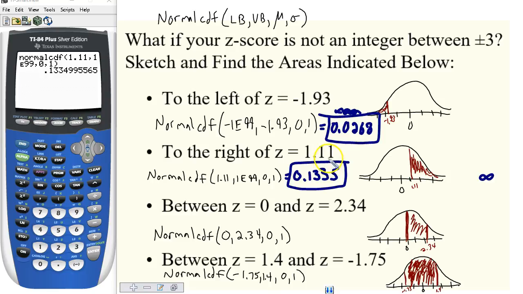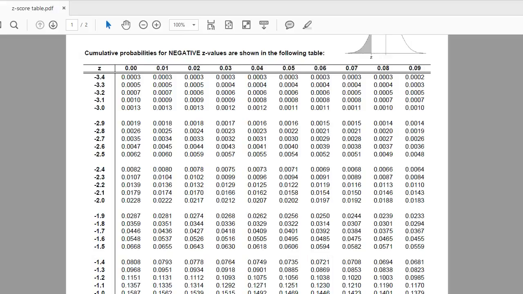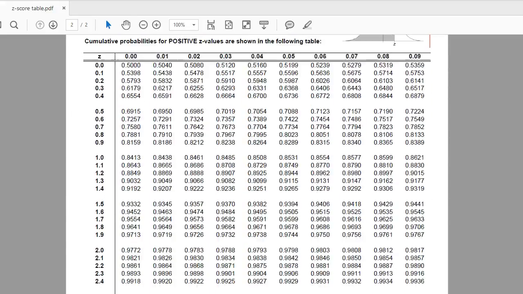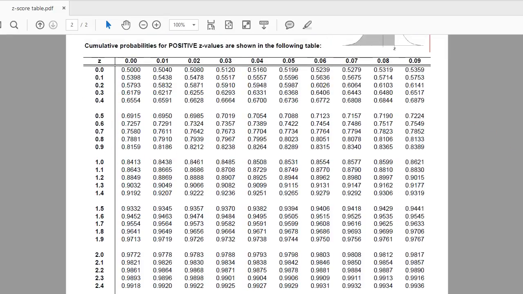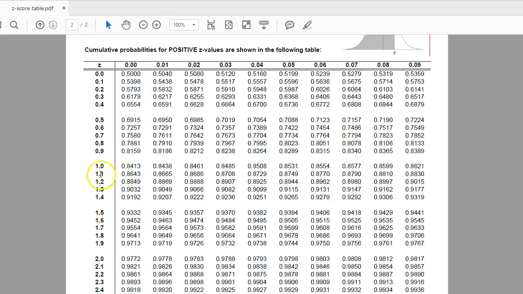Now, we mentioned that the table always has the area to the left shaded. So what that means is when we get a question like this one that says to the right of a z of 1.11, what we have to do in our table is we're still going to find positive 1.11. 1.1 is right here on the left, 0.01 on the top, where they intersect is 0.8665.